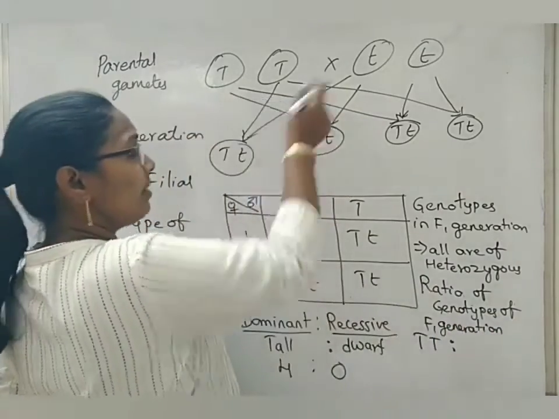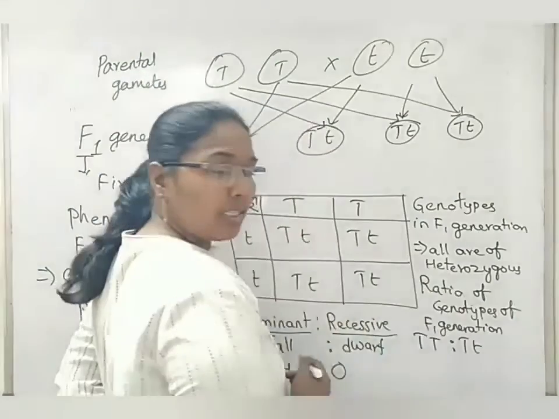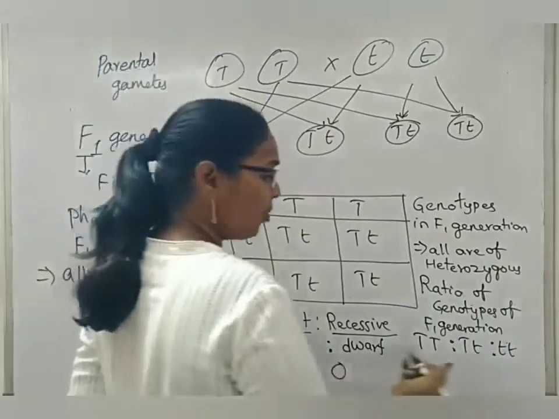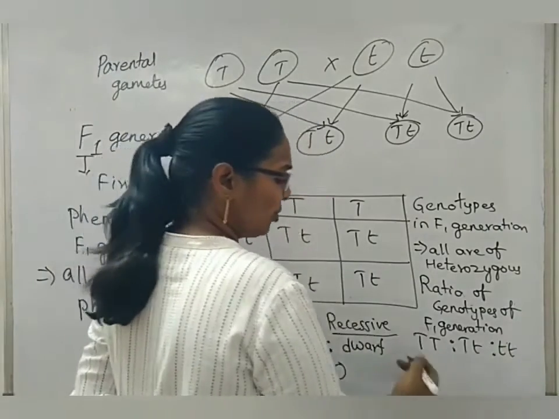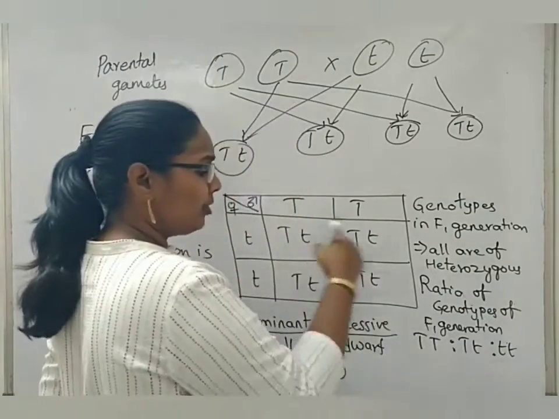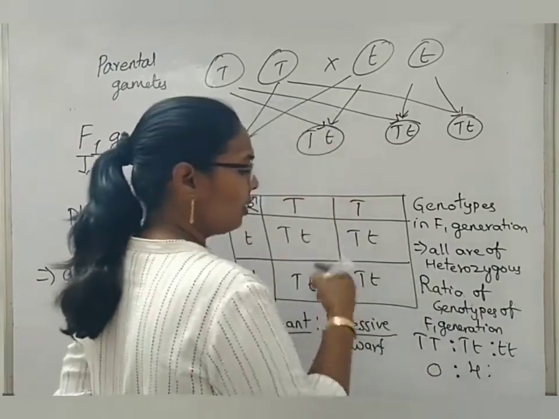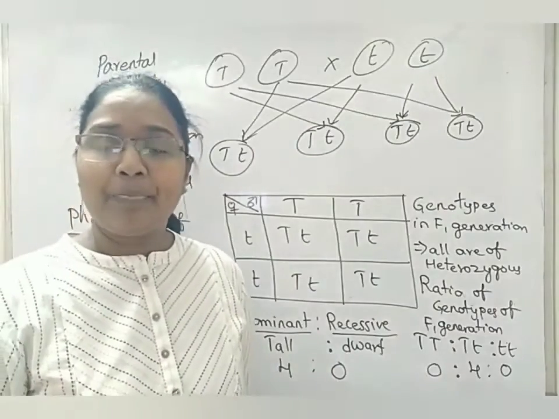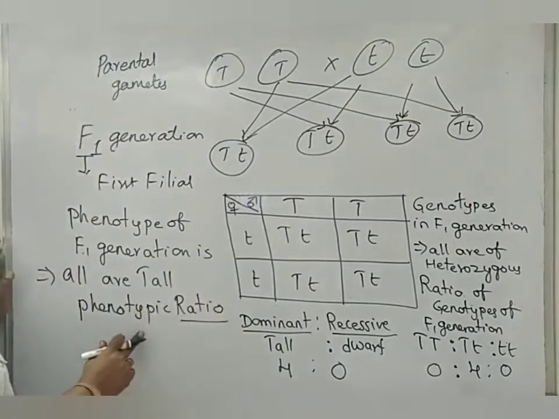Because in the parents we have taken homozygous, are there any homozygous dominant? Is to, are there any heterozygous? Is to, are there any homozygous recessive? Here, offspring did not give out homozygous dominant, so it will be 0 is to 4, all are heterozygous, is to no homozygous recessive, again 0. So the genotypic ratio in the F1 generation is 0 is to 4 is to 0. Coming to the phenotypic ratio of F1 generation, it is 4 is to 0.